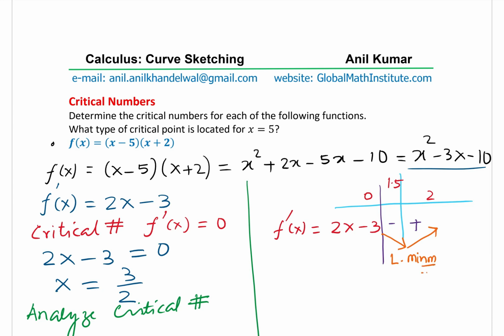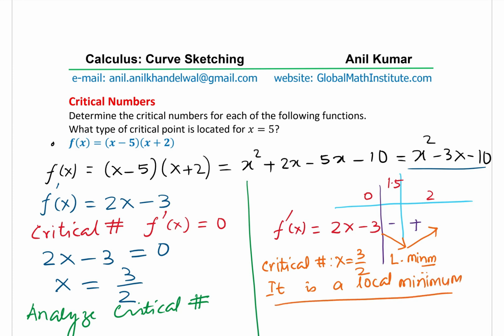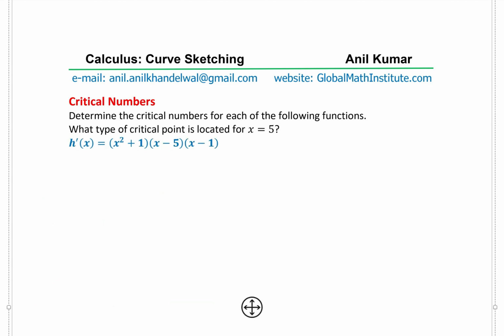So we have a critical number and we can now write down our answer, which is: the critical number is x equals 3 by 2, and it represents a local minimum. Is that clear to you? So that is how we should be answering this question. Perfect. Let's move on and take the second example now.